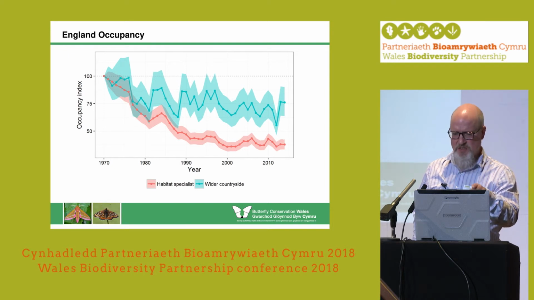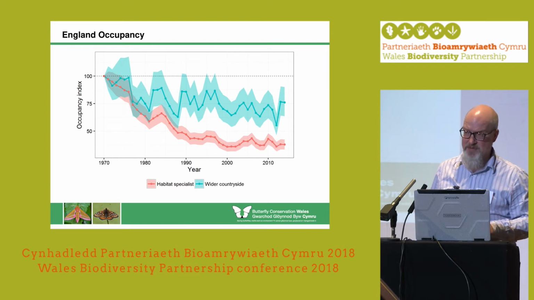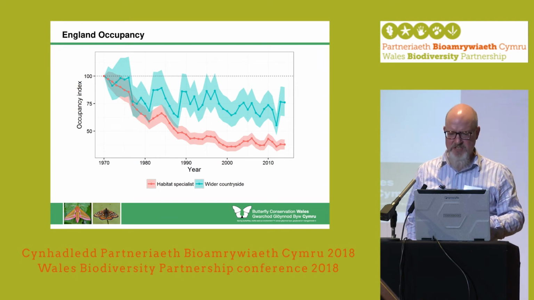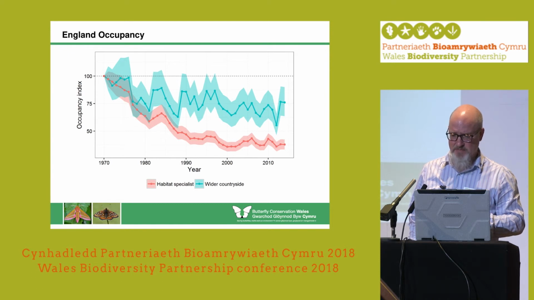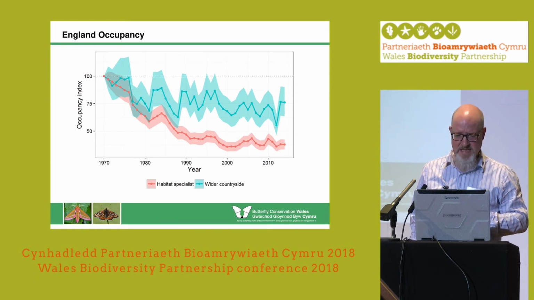And I just wanted to point out, if you look there at the red line, the habitat specialists, because we'll come on to the Wales one in a minute, that really the decline set in since the early 70s and was particularly steep in the 80s up to the 90s. So the habitat specialists were declining in England from the 70s.